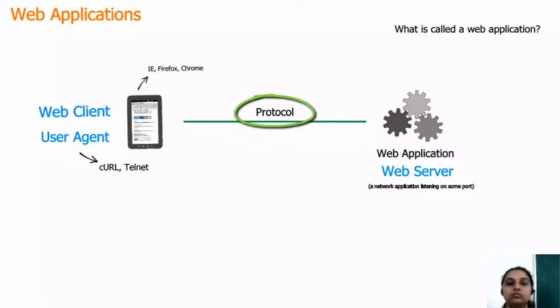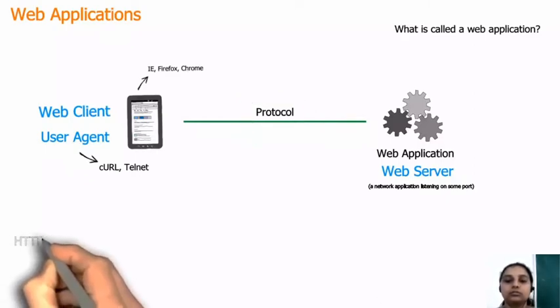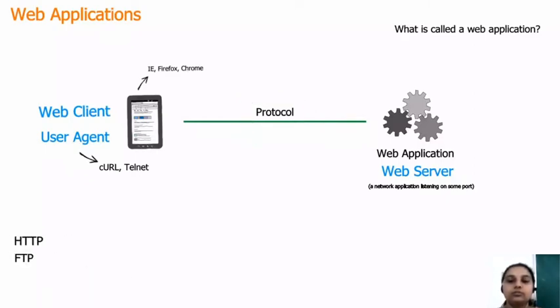And the browsers can speak some standard protocols, like the HTTP protocol, the FTP protocol, the WebSocket protocol. There are many protocols which the browsers can speak, and they are standards. Each of these protocols is suitable for different kinds of tasks. For example, the FTP protocol is used for transferring files.